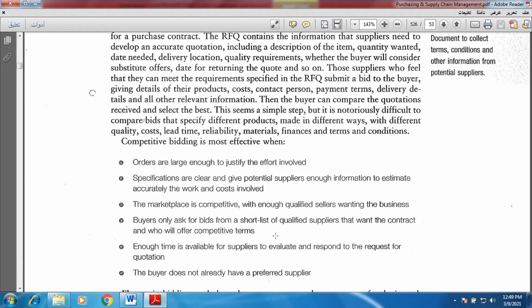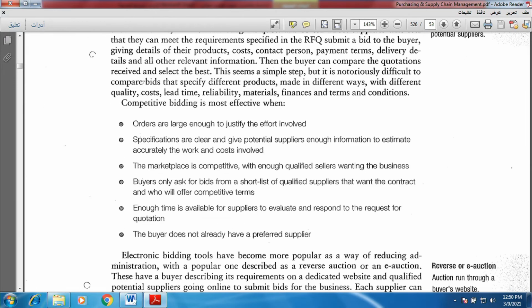Also, we have a short list of certain qualified suppliers who want to contract with us, and we want to select one of them, suitable for this condition or for this item to deliver. The time is available. The money we need to hold these meetings is available, and we can do the evaluation process easily.